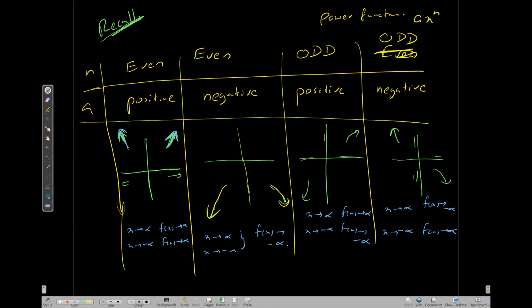For example, guys, let me give you an example. Let's say you have a power function 3x to the 5th plus 4x squared minus 7x plus 8, and you have found all the zeros and done everything.